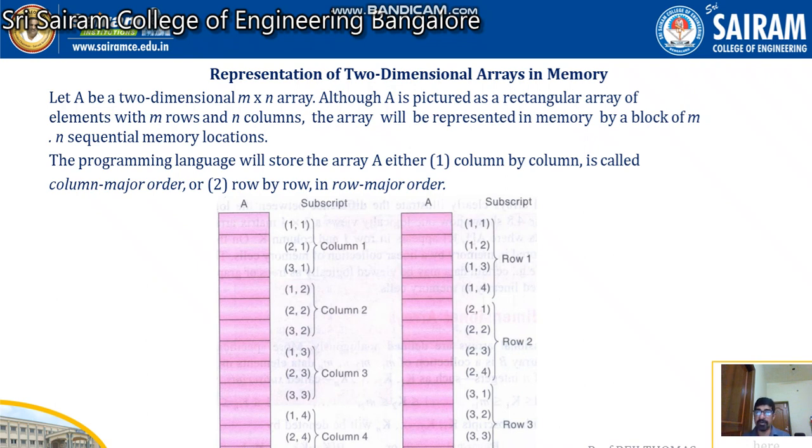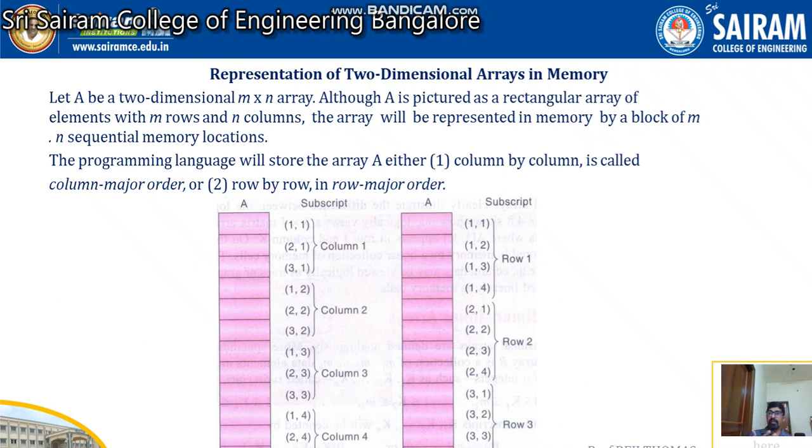We have 2 comma 1, 3 comma 1. If you represent in this format, it is known as column major order. Look at the second one. See the subscripts. This is row major order, where rows have the importance. We have 1 1, 1 2, 1 3, 1 4, 2 1, 2 2, 2 3, 2 4.